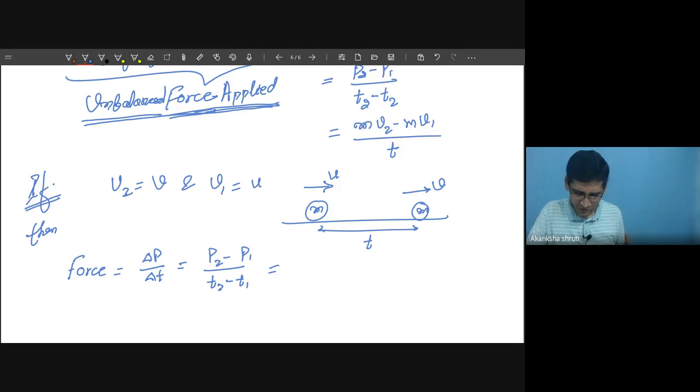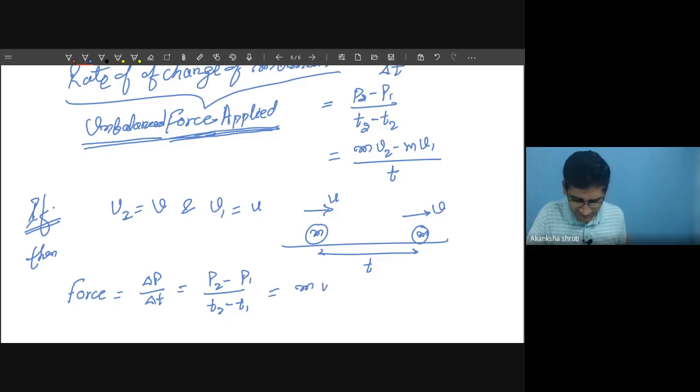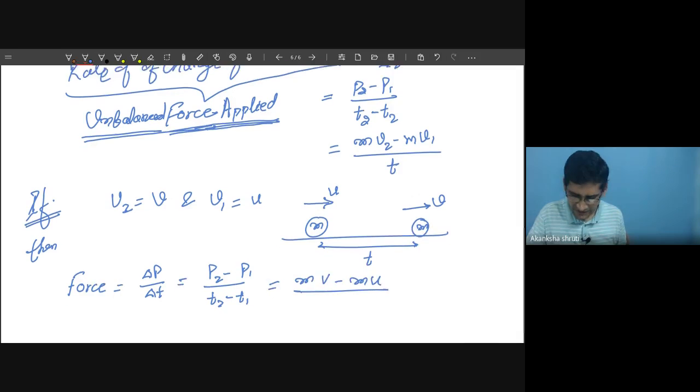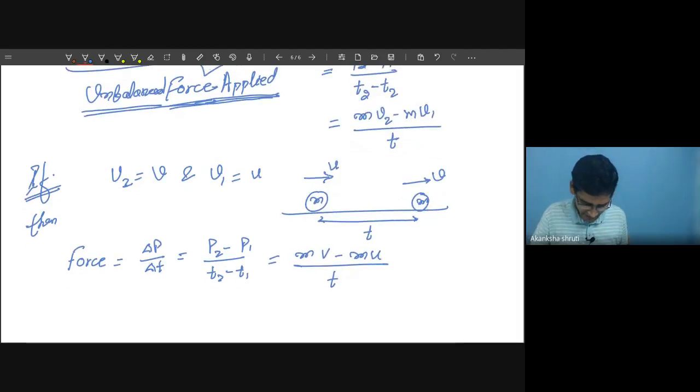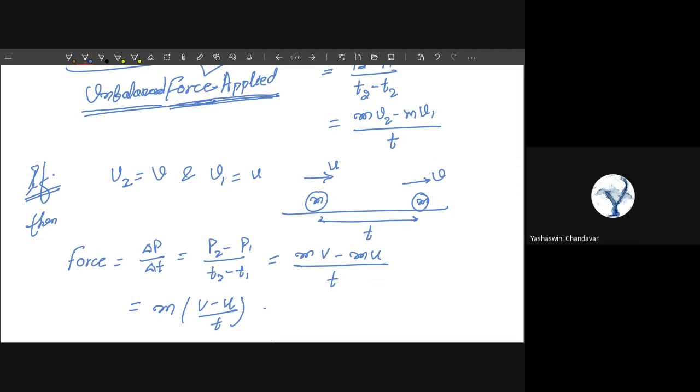is equal to mv minus mu divided by this T. Taking this m outside, m times (v minus u) by T. Now students, what is this v minus u by T? This is our acceleration. Very good.